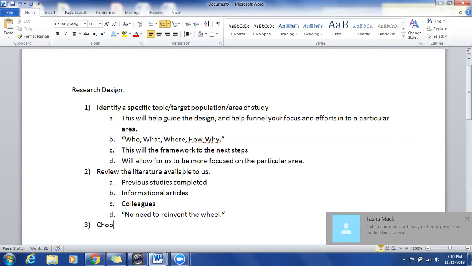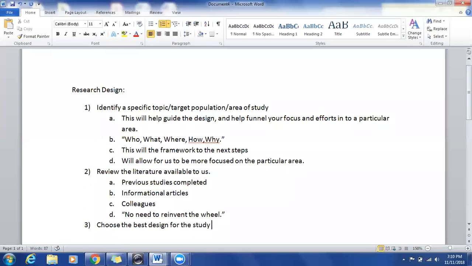Okay. So this is where we choose the best design for the study. After we go from identifying what we'd like to do, we need to figure out what is done before us to save us time, as well as choose the best design for the study.